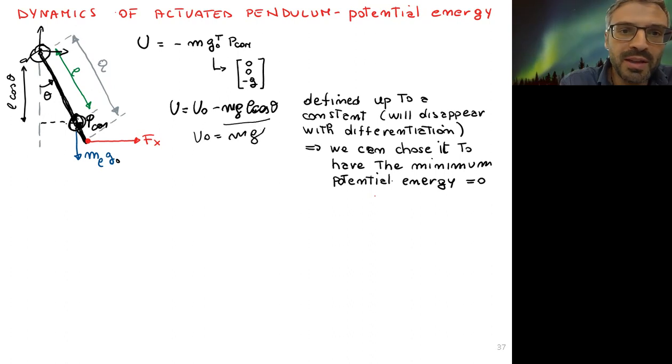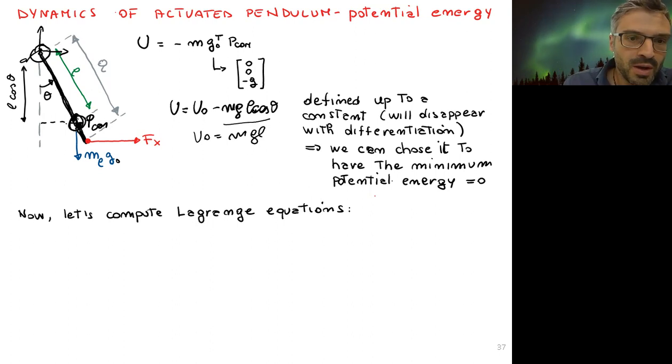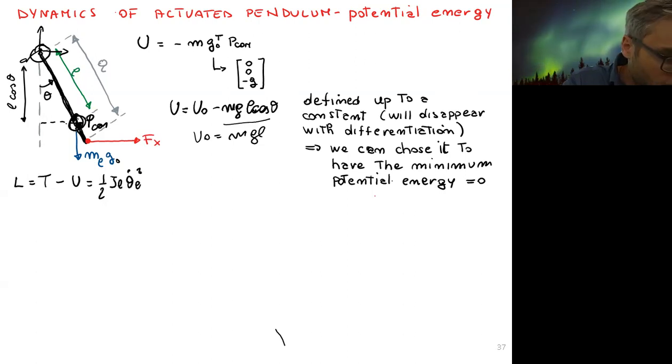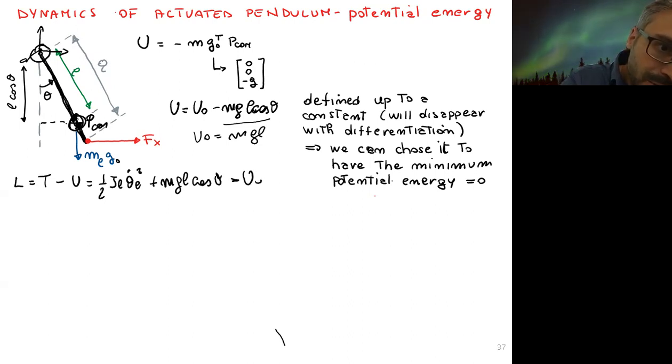But we will see that this doesn't matter when we apply the Lagrange equation. So the Lagrangian is kinetic energy minus potential energy, so we write whatever we computed before, minus U, which is plus mgL cos theta minus U0, the constant we're talking about.